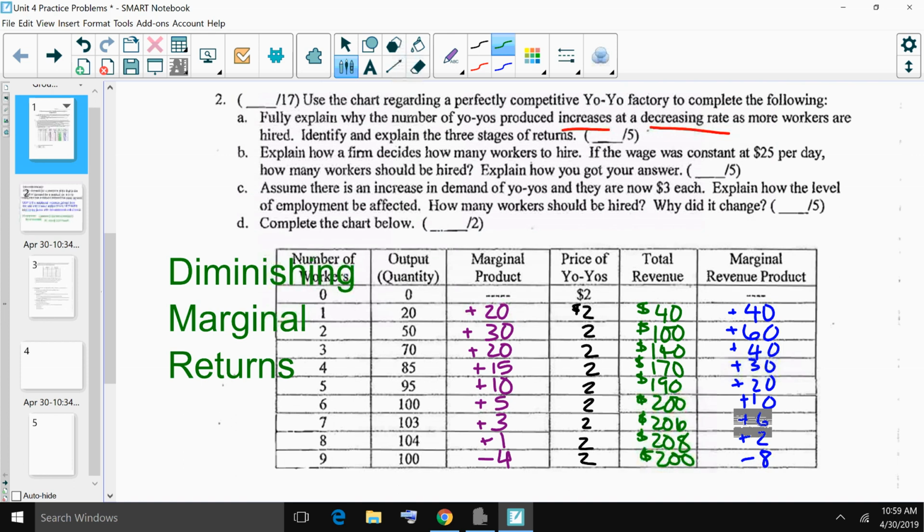And we can see the 3 stages of returns very clearly here. Okay? We have an increasing number of workers and a limited amount of capital. Our worker productivity falls. Okay? So every time we hire someone, we have decreased productivity.